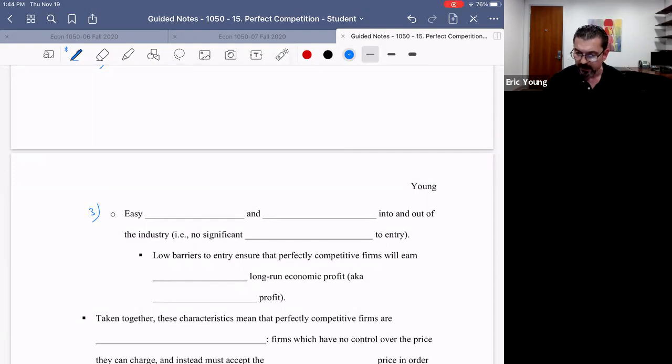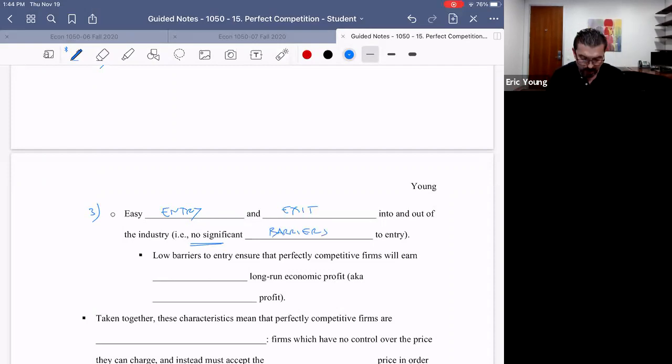The third criteria is that there is easy entry into and exit out of the industry. In other words, it's very easy for a firm to enter the industry, and it's very easy and costless for existing firms to exit the industry. In other words, what we would say in economic jargon is that there are no significant barriers to entry.